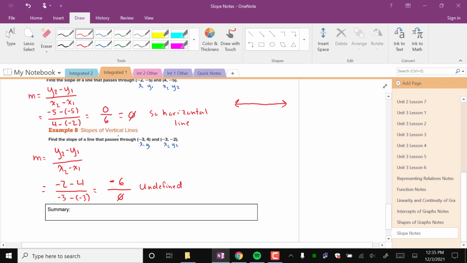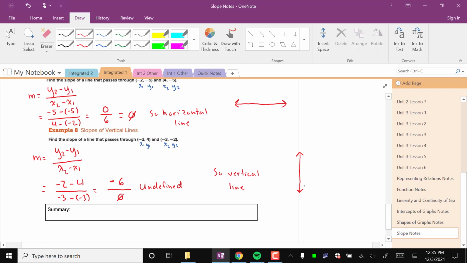I can do 0 divided by a number, but I can't do a number divided by 0. That's undefined. So this is a vertical line. If we were to look at this on a graph, it looks something like this.